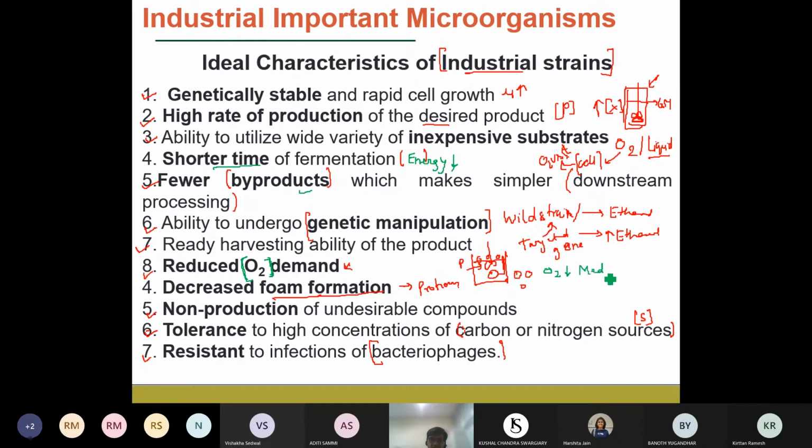When you are doing the fermentation, if the biomass concentration, represented by X, is very high, then the oxygen demand increases significantly. So there is a competition between the solubility of oxygen in the media and the actual oxygen required by these microorganisms for their metabolic activities.